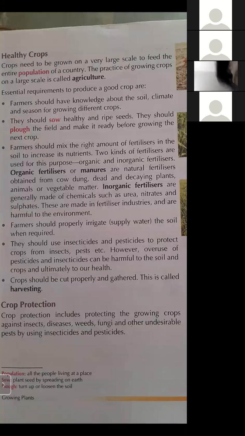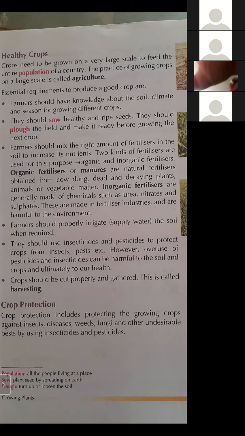The second method to produce fertilizers is from inorganic matter, non-living things like chemicals such as urea, nitrate, and sulfate. Those types of fertilizers are known as inorganic fertilizers.